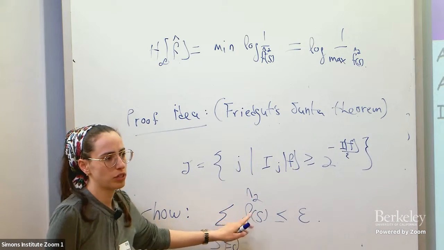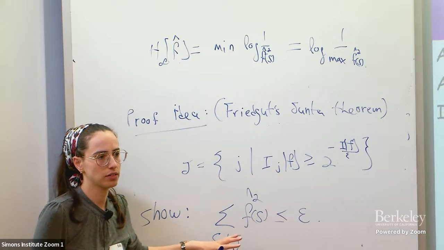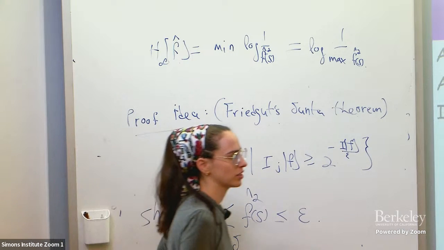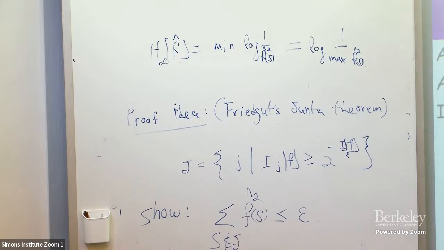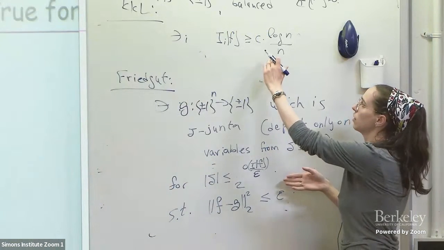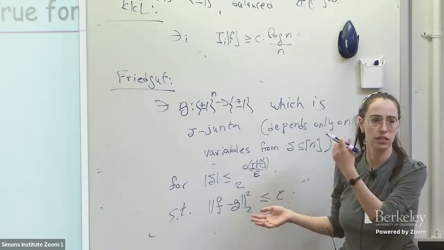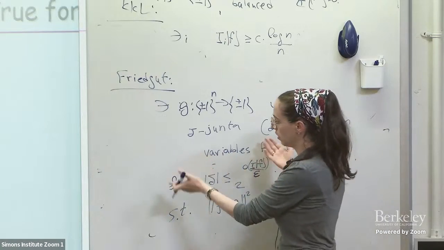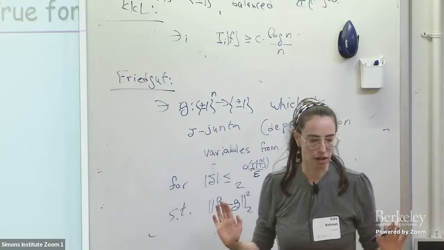When we just remove them, we might end up with a function which is not necessarily Boolean, but this is easy to fix, so I'm not going into this now. The big difference between the KKL and Friedgut is that the KKL say at least one variable, and Friedgut say, let's take the variable that is promised by KKL, let's take another one promised by KKL, and all of them, and this is enough for us.